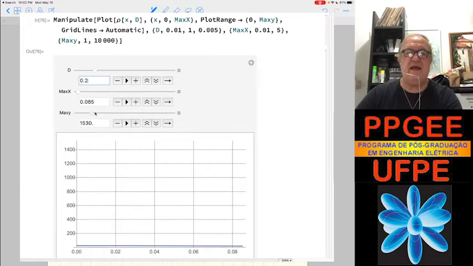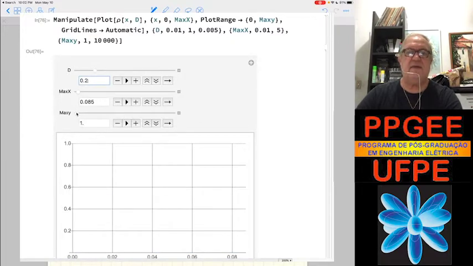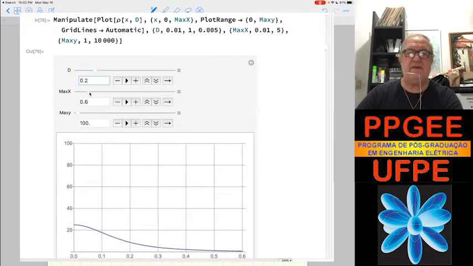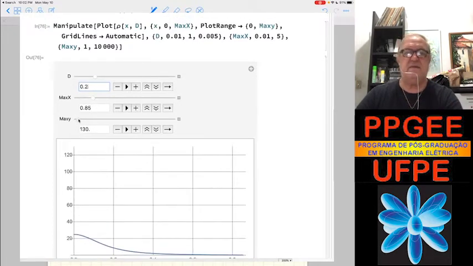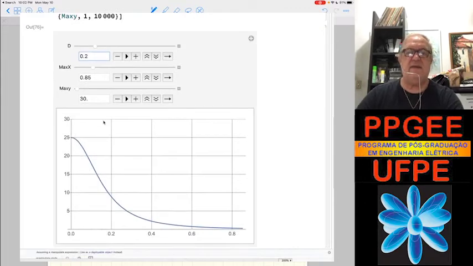Now it's spreading more. Here the charge goes over a region, and falls off to half almost at 0.3. If I go even further away, it spreads even more.